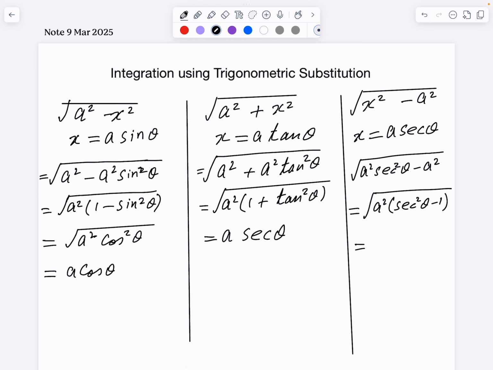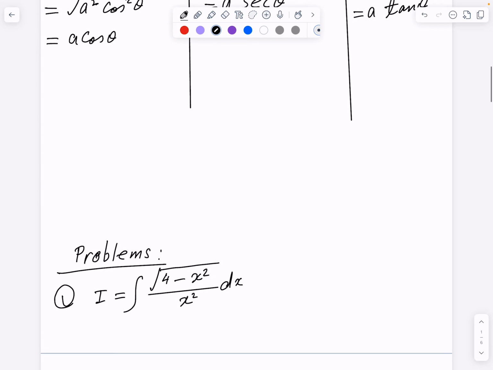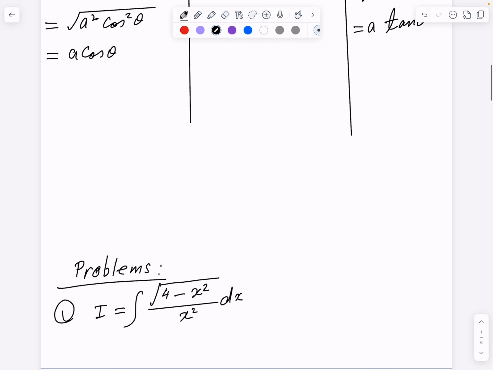And here a squared becomes a, secant squared minus 1 is tan squared, and it comes out of the square root and becomes tan theta. And now let's solve some problems related to this topic.